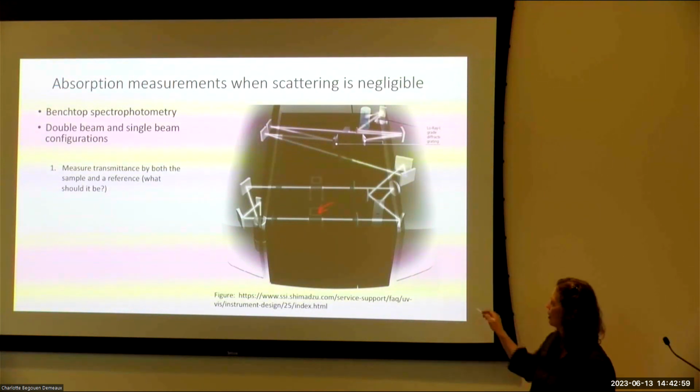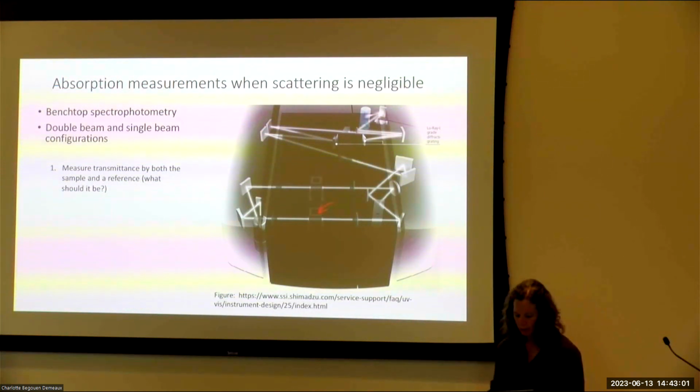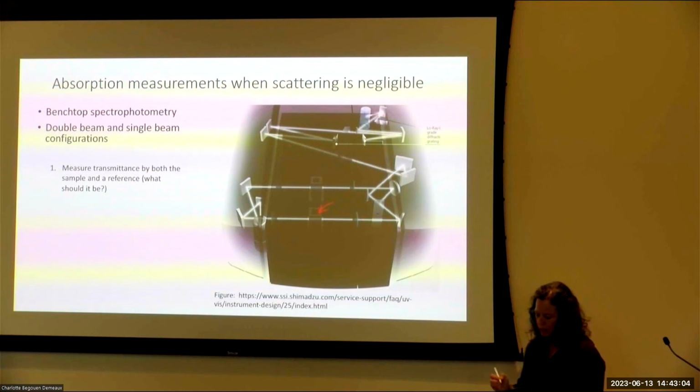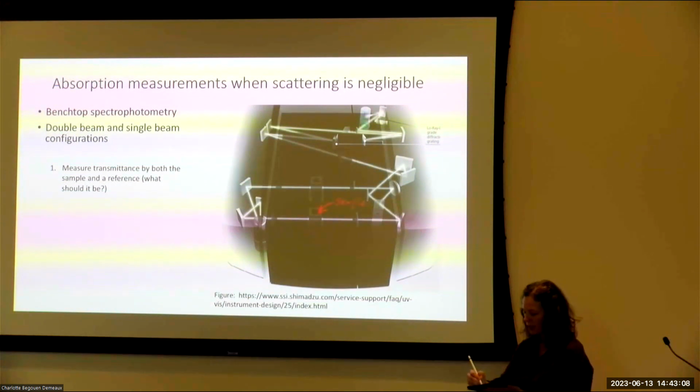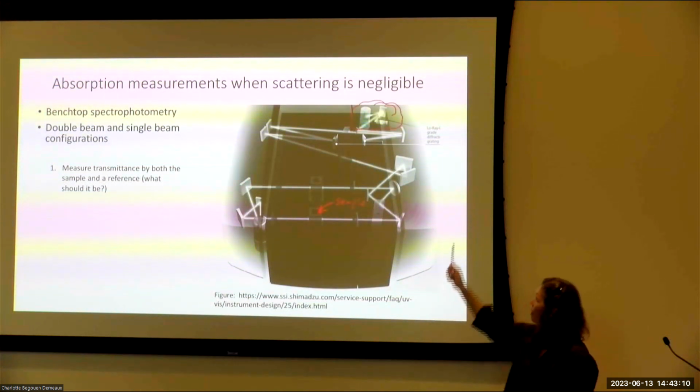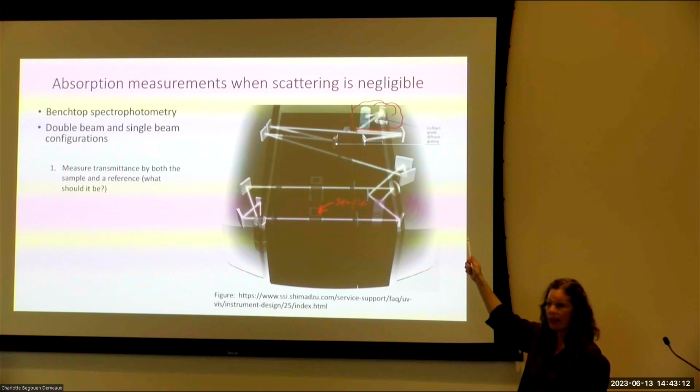This is the instrument diagram from Shimadzu, a double beam spectrophotometer. So you put your sample in here, and there's a light source over here, and it's split into its wavelengths.